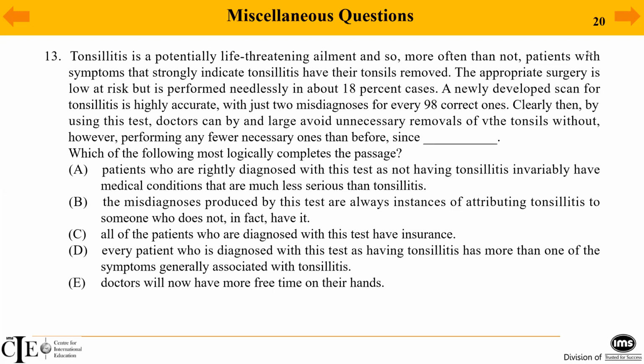A newly developed scan for tonsillitis is highly accurate with just 2 misdiagnoses for every 98 correct ones. Okay, out of 100, only 2 are going wrong with this kind of a scanning. Clearly then, by using this test, doctors can by and large avoid unnecessary removals of the tonsils without, however, performing any fewer necessary ones than before, since dash.